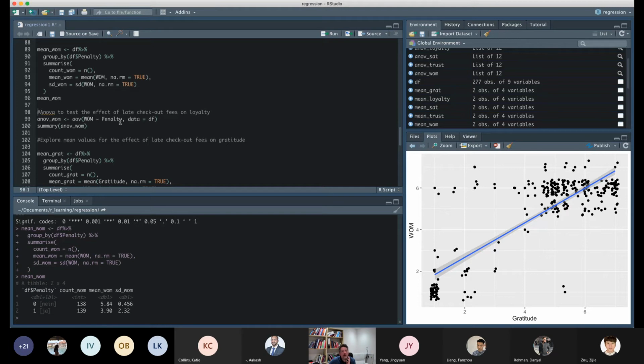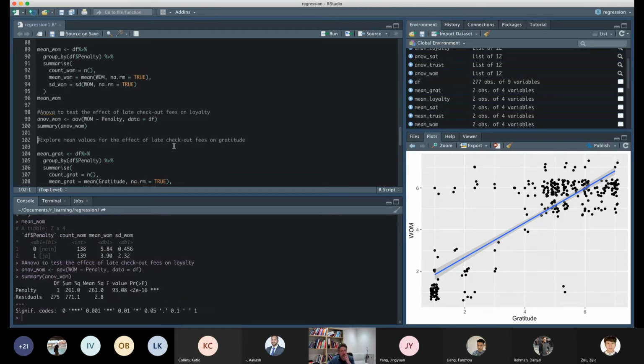So I did the same. I run an ANOVA to look at whether this is a significant effect. I did the same as previously, just changing the dependent variable. So word of mouth is the dependent variable, and the independent variable is penalty in this case. I run this, and again, you get a brief ANOVA result.